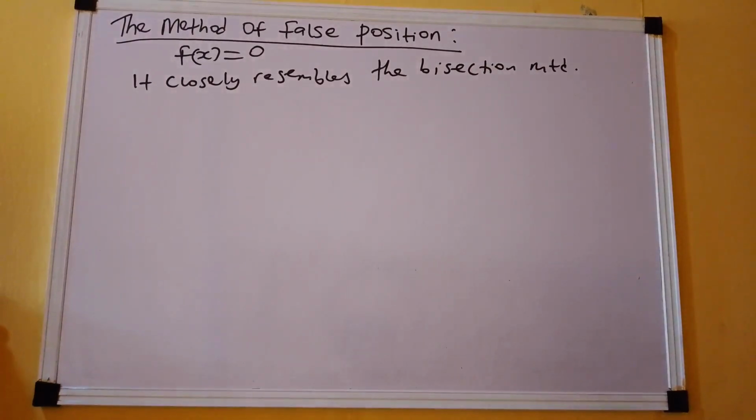So, you know the bisection method, that means we are going to look for two values.